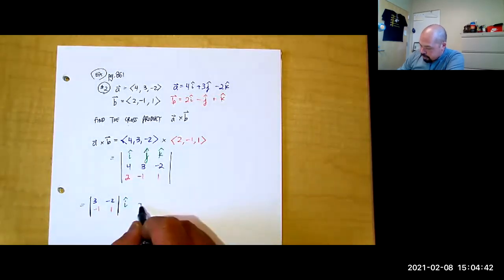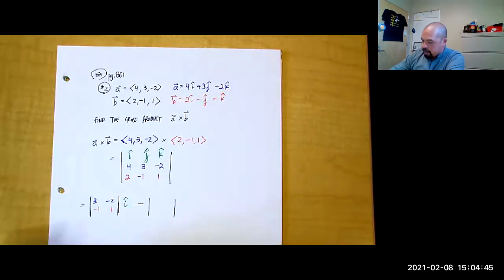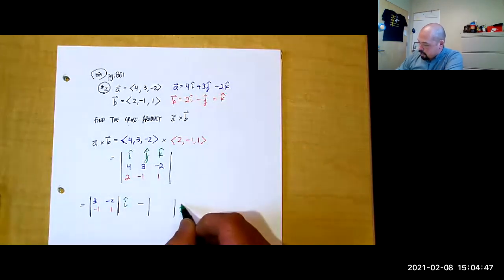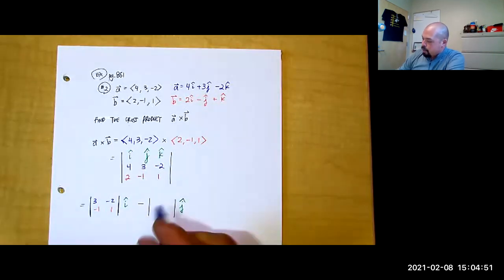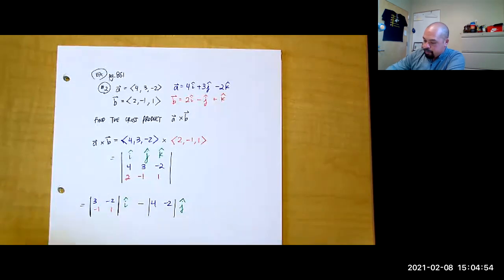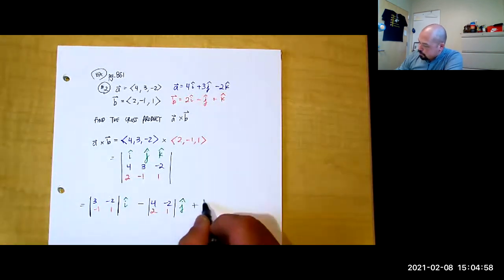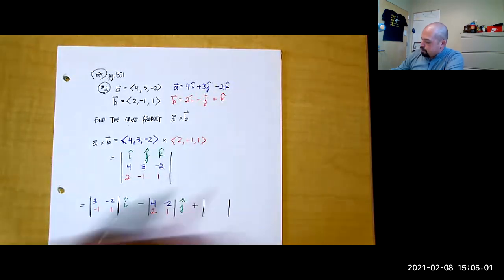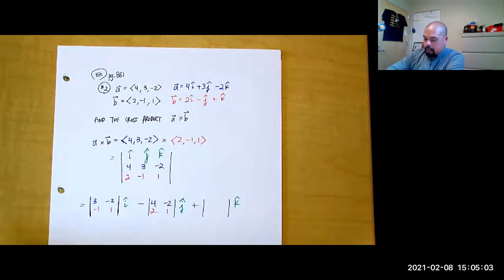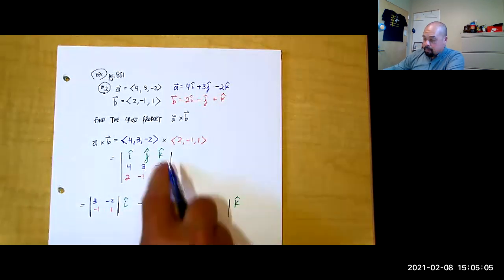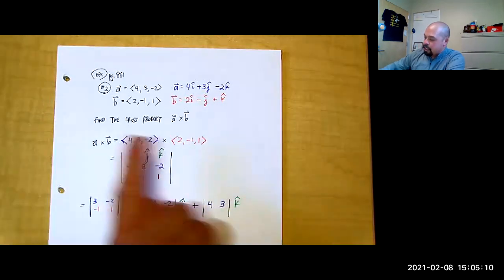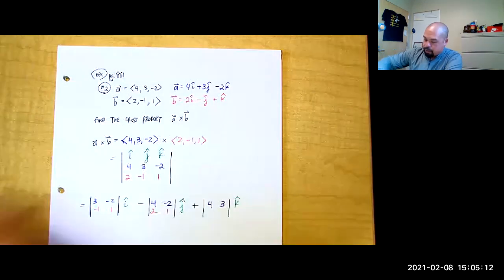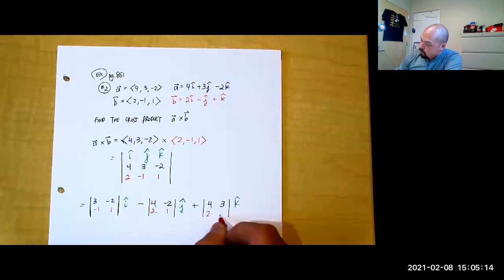Then it's always a subtraction. Now for the J, that middle column, top row, we have 4, -2, 2, 1. And lastly, in addition, with the K, last column, top row, 4, 3 across the top, 2, -1.